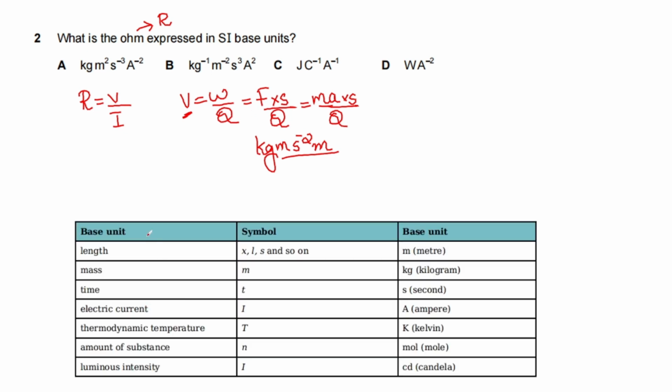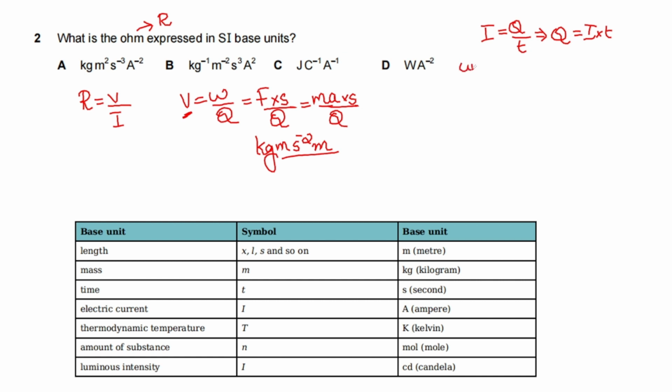We know that these are the basic units. So here the electric current has a basic unit of ampere, but in this equation it is charge given, which means that you need to consider the basic equation for current, which is charge over time. So you can rearrange, and you'll get charge is equal to current multiplied by time.